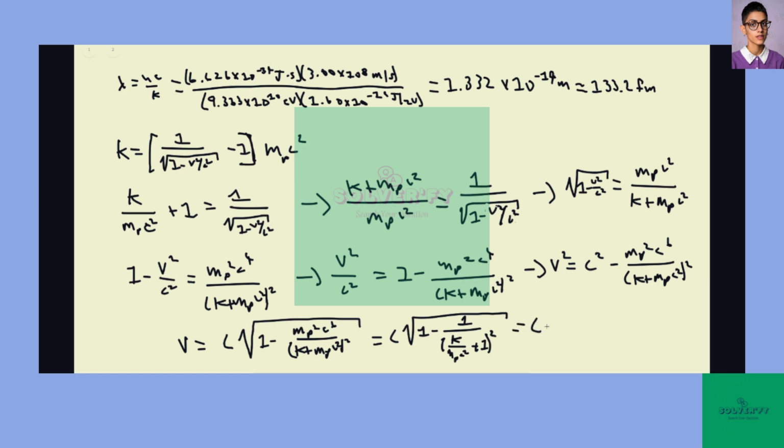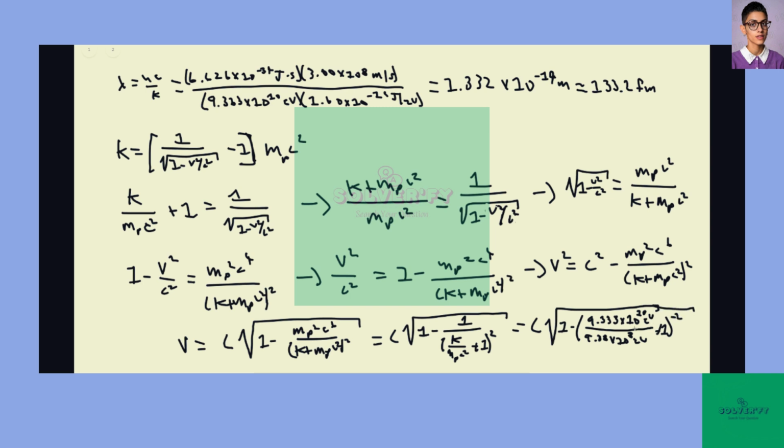So that's equal to c times the square root of 1 minus 9.333 times 10 to the 10th electron volts divided by 9.38 times 10 to the 8th electron volts plus 1, to the minus 2.